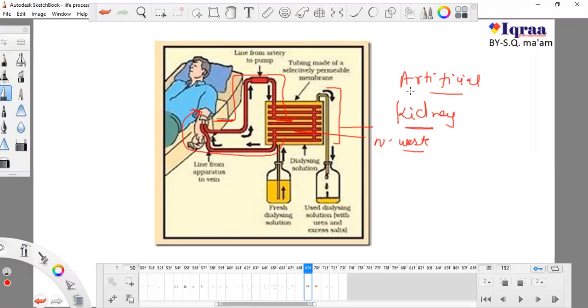So the function of the kidneys is conducted by this machine, which is known as a dialysis machine, or artificial kidney. This process is known as hemodialysis.